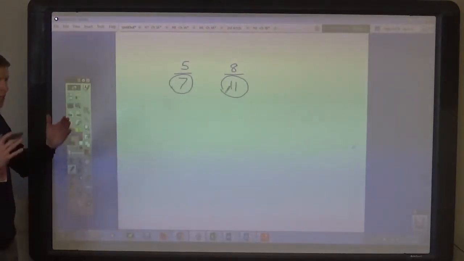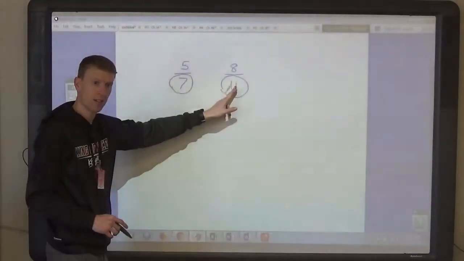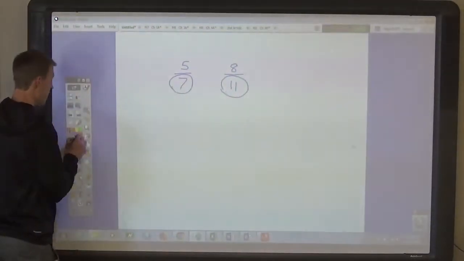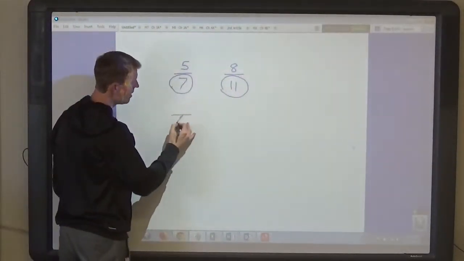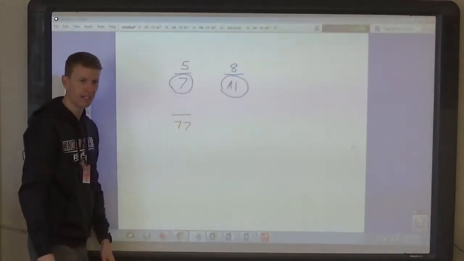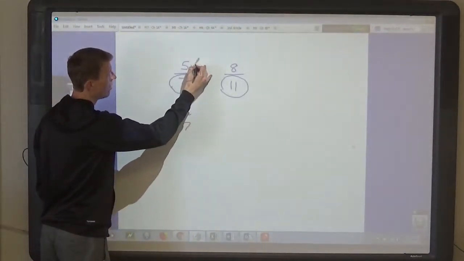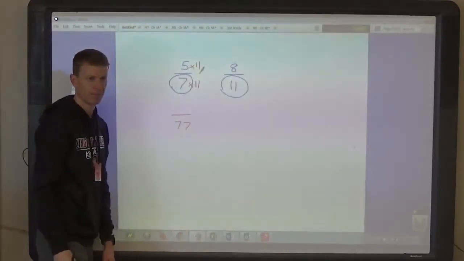Both numbers could go into a number that, if we just multiply them by each other, 77. Yes, and we can convert them both to 77ths. Because 11 times 7 is 77. So if we do this times 11, we do this times 11.